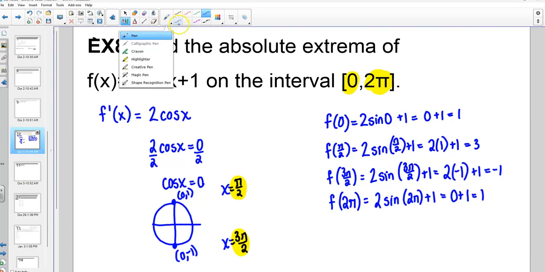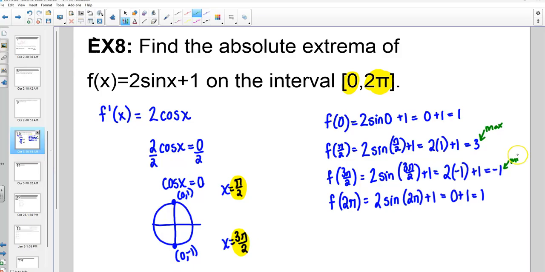So we are looking at these numbers to decide which one is a max, which one is a min. So right here's your max. And right here is your min.